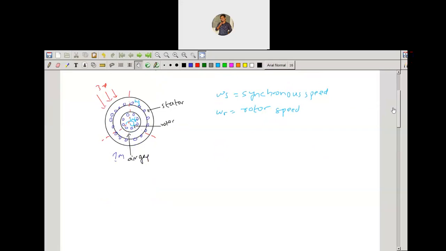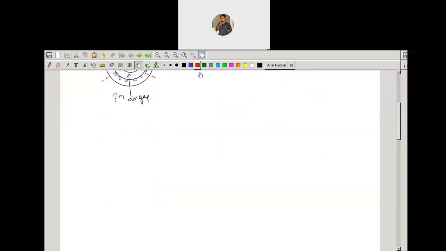We are going to explain this controlling technique from the steady state analysis, or from the equivalent circuit diagram of the induction motor.